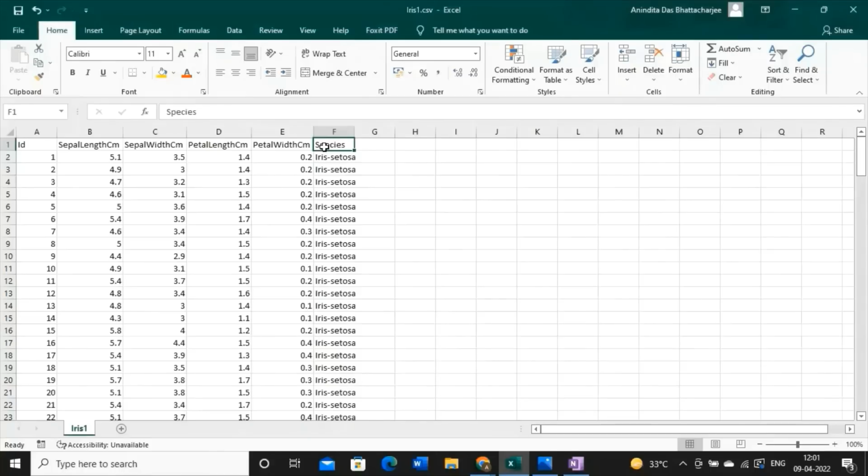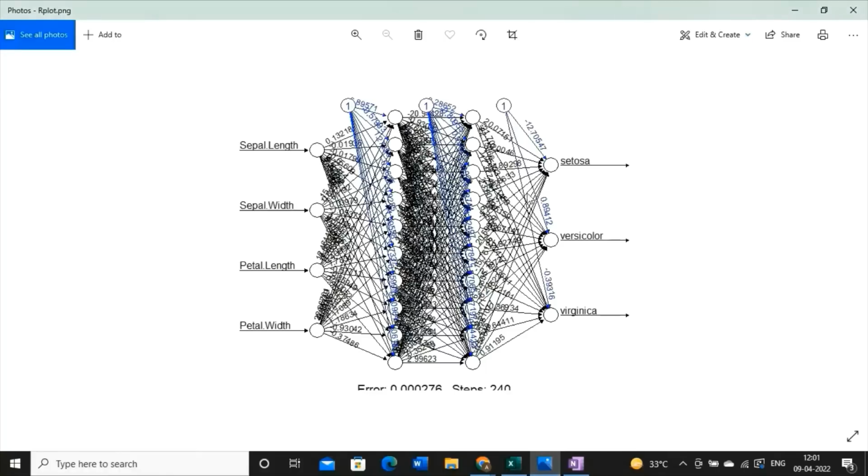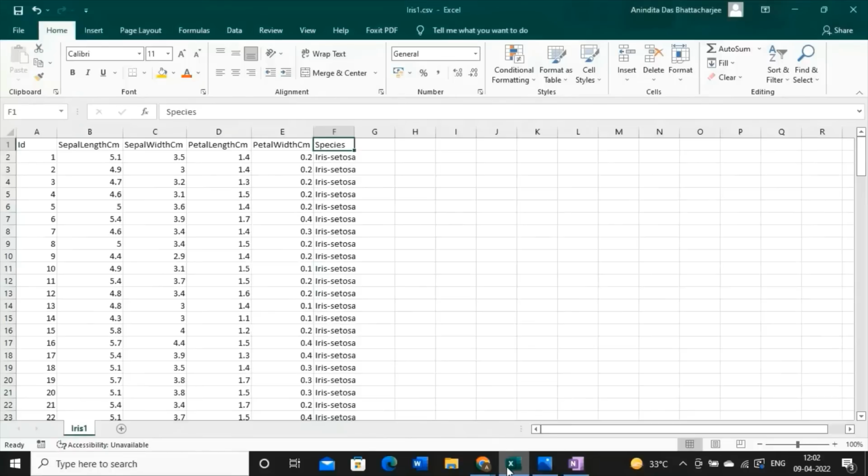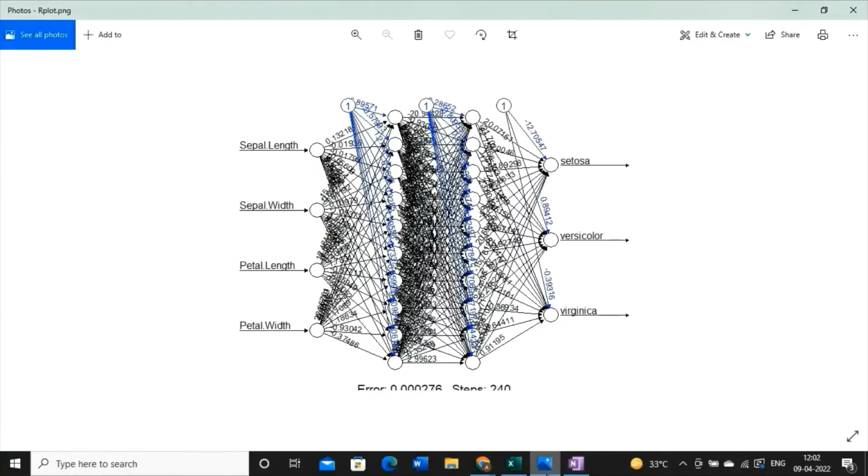Without visualizing the dataset, you will not be able to understand what the architecture of the neural network will be. So in order to design one neural network, you have to understand the dataset with its detailed metadata description. And whatever neural network I'm showing over here is not a generalized neural network. It is designed for this Iris dataset only. So this is not a generalized architecture. This is the drawback, you can say, of the neural network.